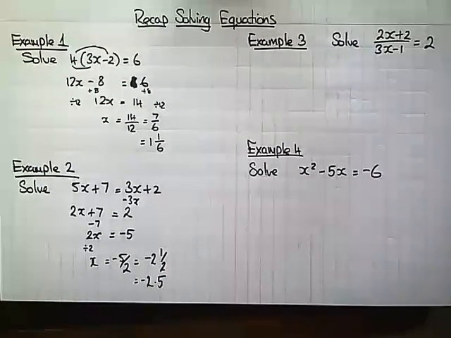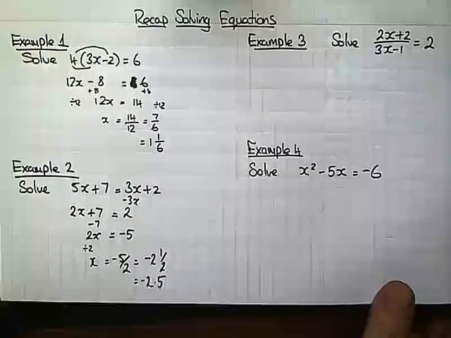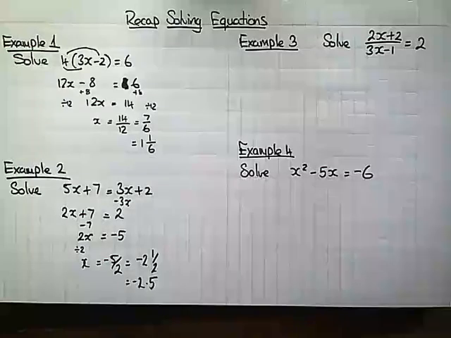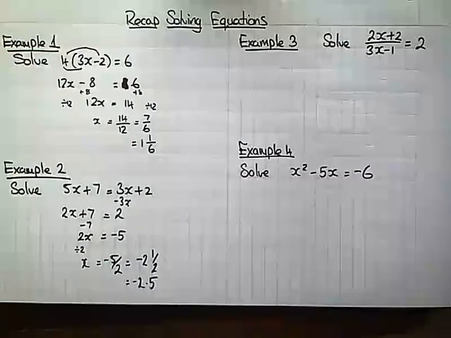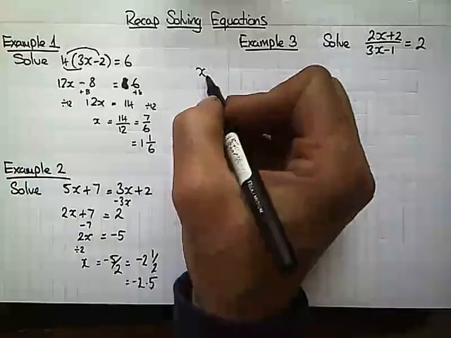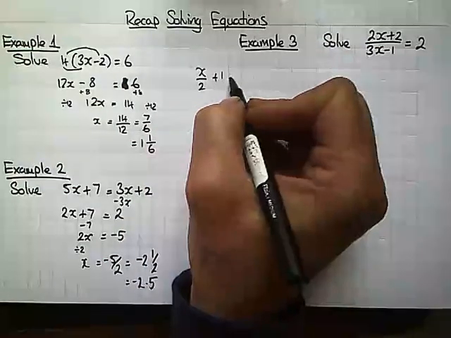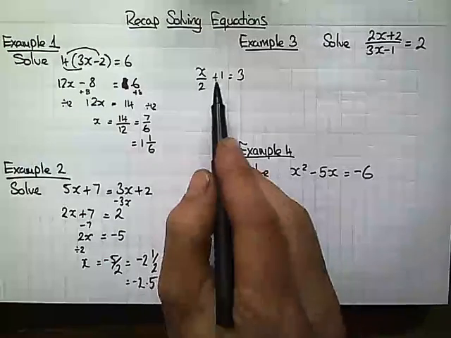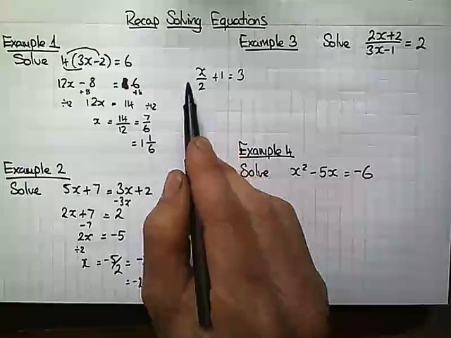Okay, third example. Let's have a look at this. This has got a fraction in it. Now be really careful with the fractions, because sometimes you might get a fraction, let's say, that looks like x over 2 plus 1 equals 3. You might get an equation, so you've got this additional bit outside the fraction.